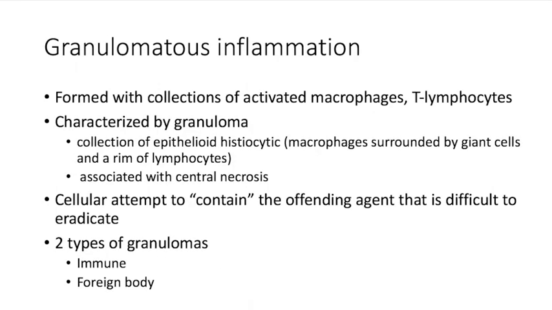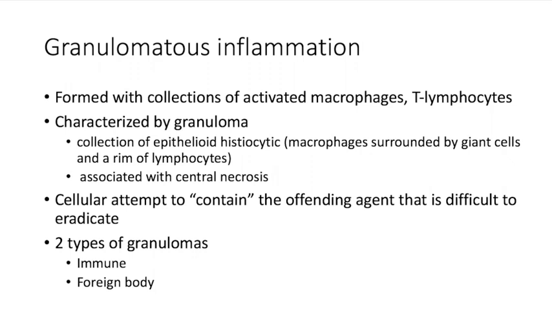What happens with chronic inflammation is we have these granulomatous inflammation responses. So these are formed with collections of activated macrophages and T lymphocytes. They are characterized by a granuloma, which is epithelioid histiocytic cells, basically macrophages, giant cells, and a rim of lymphocytes.